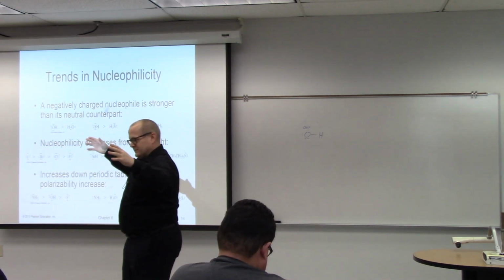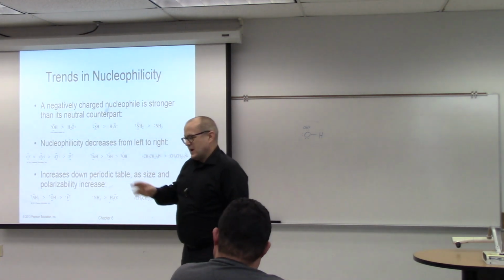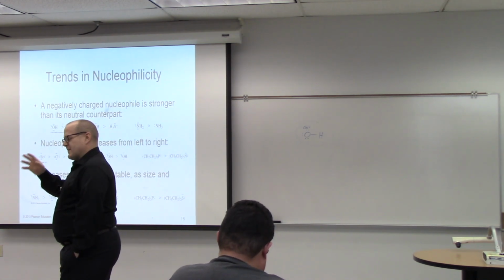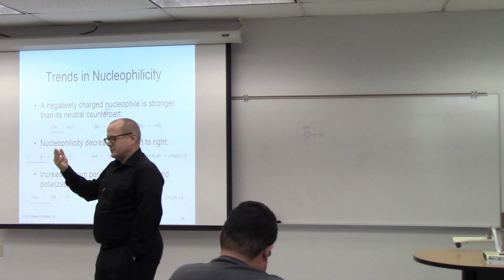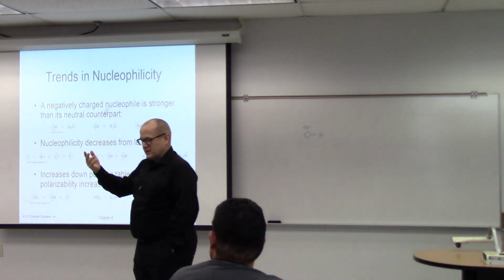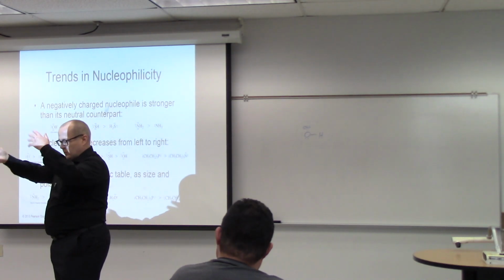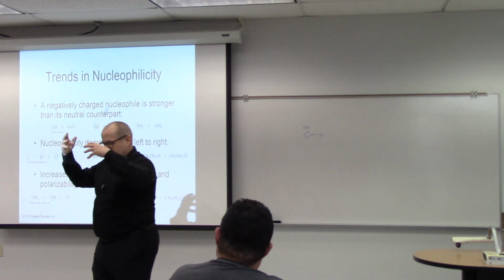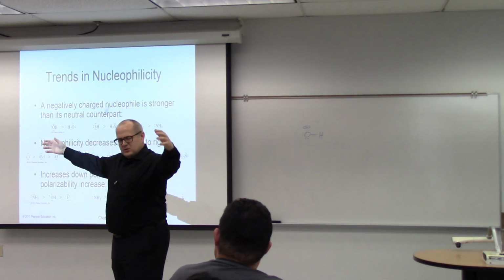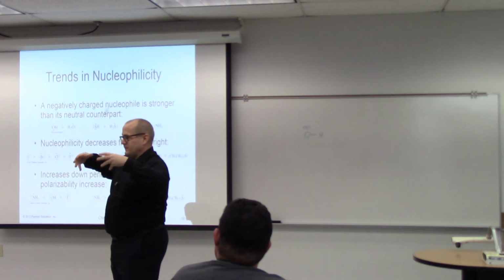So now we have to talk about something that's going to kind of maybe challenge your mind a little bit. It's this idea of polarizability. Now, think about iodide, I minus. It's got how many electrons? 54 electrons, I minus. Those electrons are somehow around the nucleus, right? And it's large. So those electrons on the valence shell of iodide are being shielded pretty efficiently by the core electrons, right?